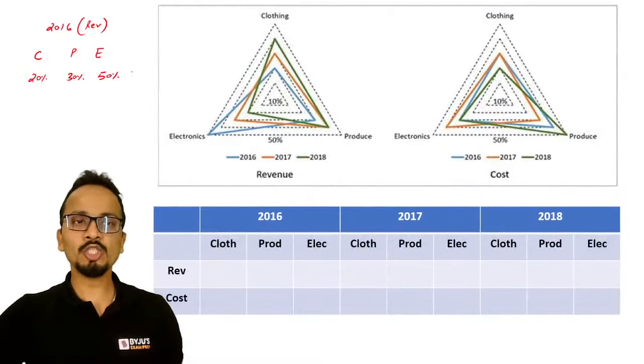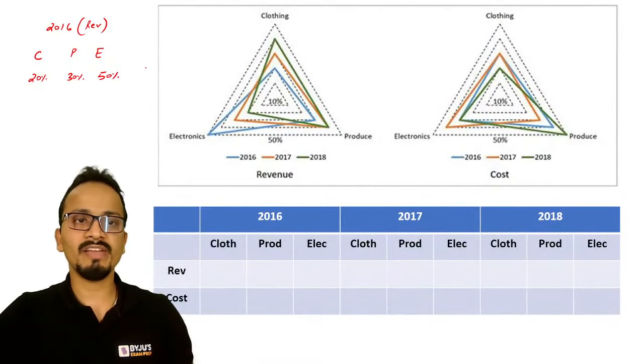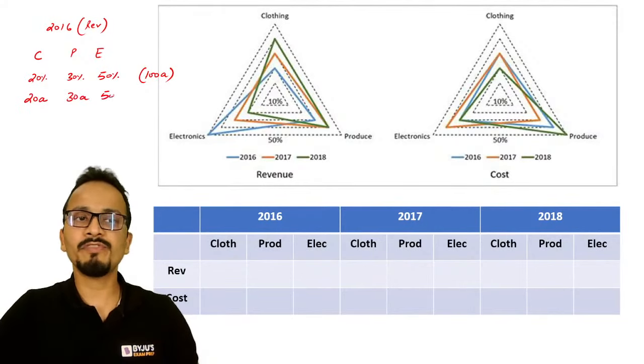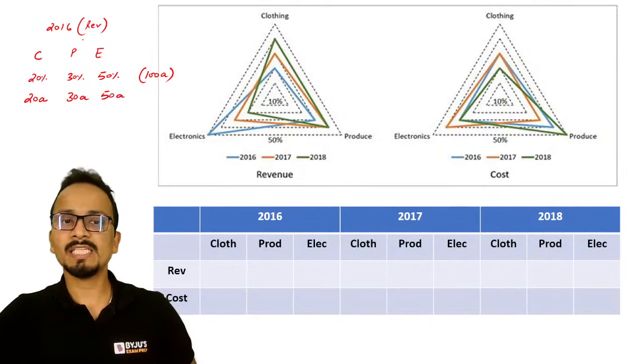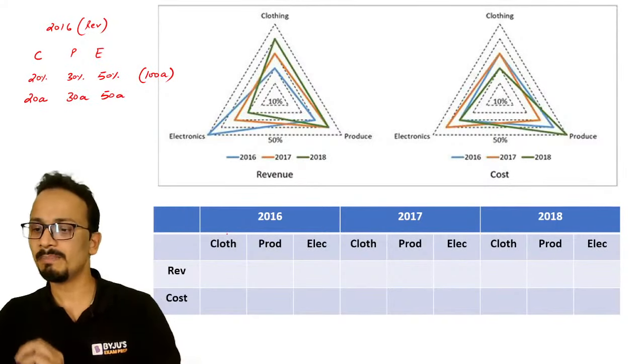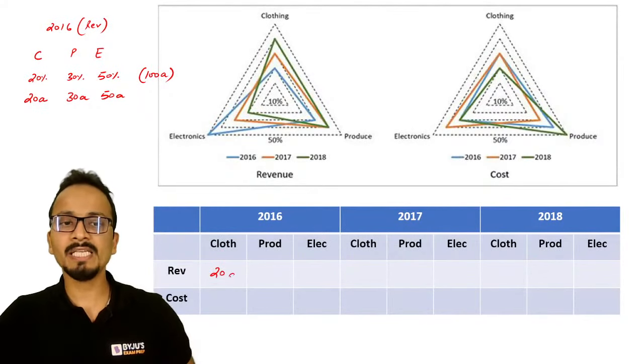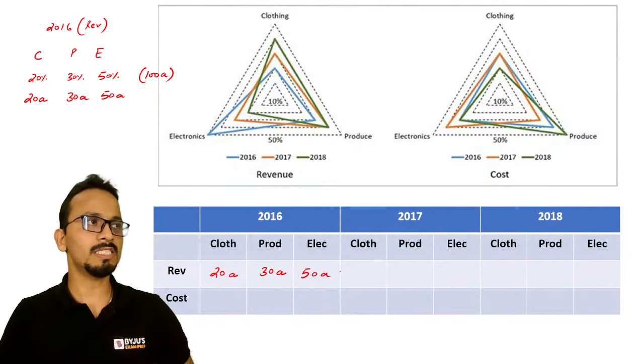So what I can do is assume the total revenue as 100A. That will make the revenues 20A, 30A and 50A for 2016 for all these 3 departments. Now I'm filling these values 20A, 30A and 50A for these departments.